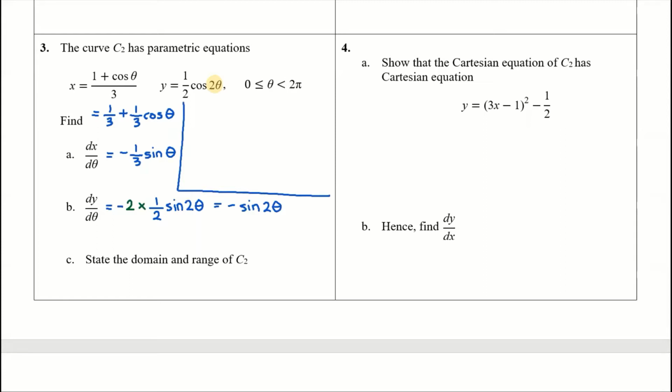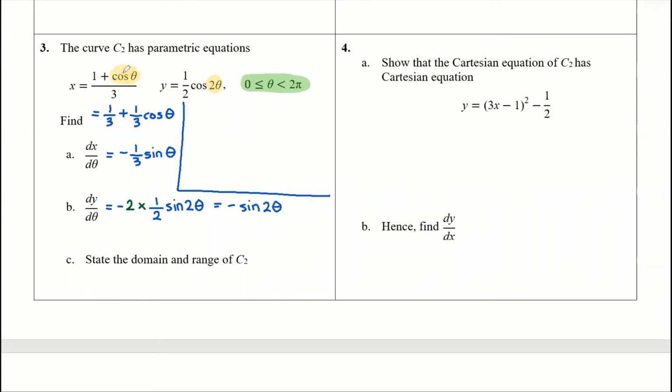Now, this is quite interesting when we're talking about parametric equations, because we have a bounded range of theta. It's 0 to 2 pi. And the x variable is in terms of theta. Now, if I take my x variable, I know that my cosine part, which is here, is bounded.